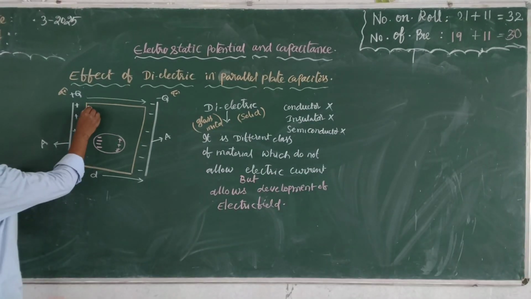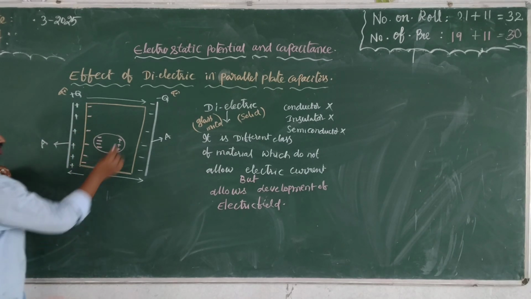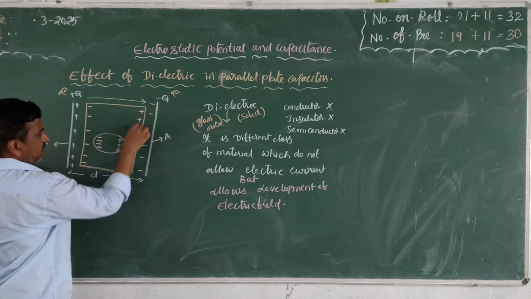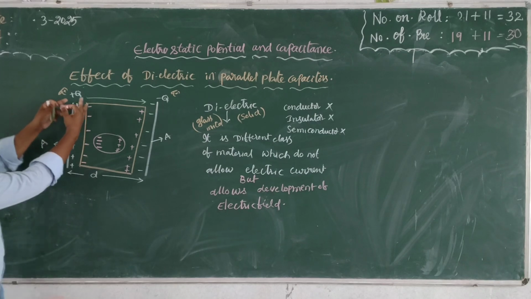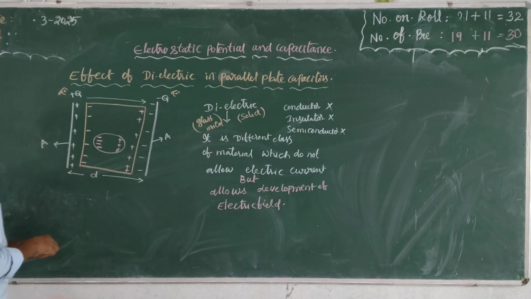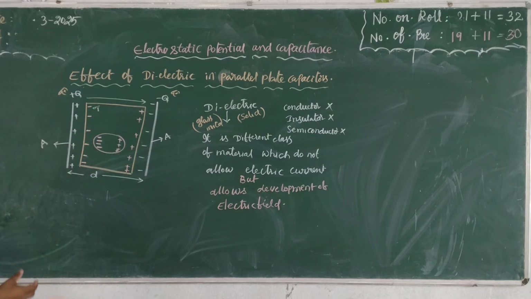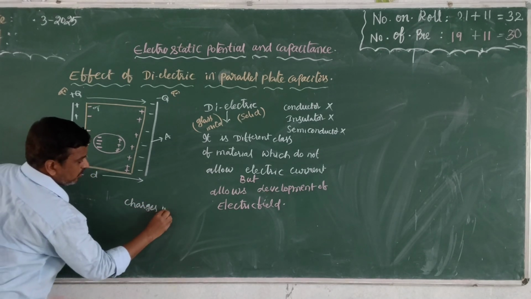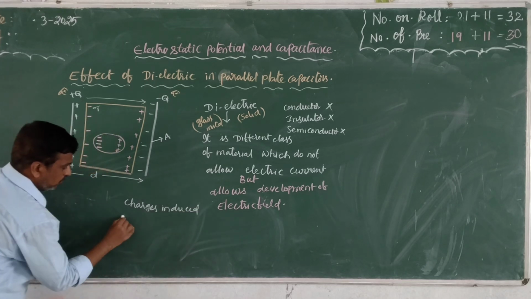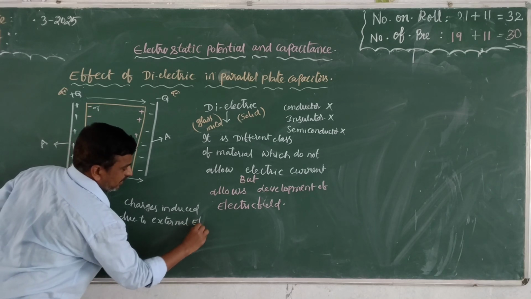All negative charges move to one side, and all positive charges move to this side. In the dielectric also there are positive and negative charges. We can write sigma I, which means charges are induced due to the external electric field.